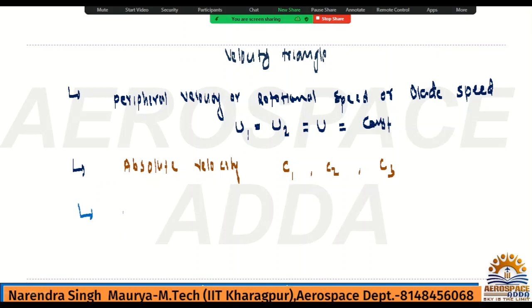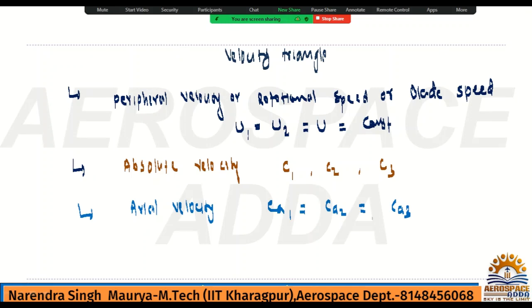Or we'll write axial velocity here first. It is CA1, CA2, CA3.